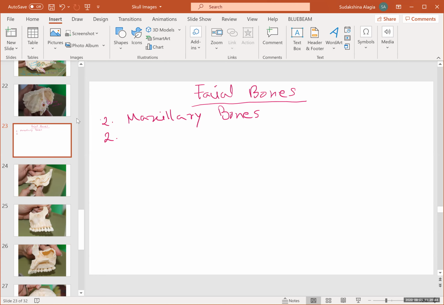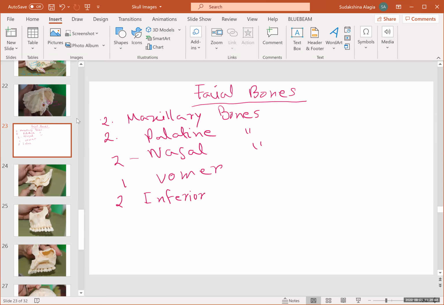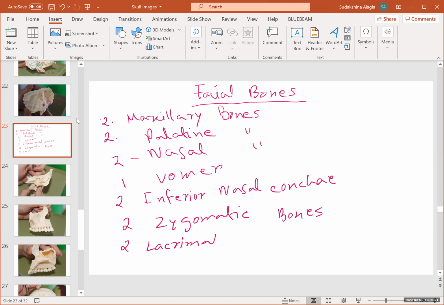Then we got two palatine bones, two nasal bones, one vomer, two inferior nasal concha, two zygomatic bones, two lacrimal bones, and one mandible.